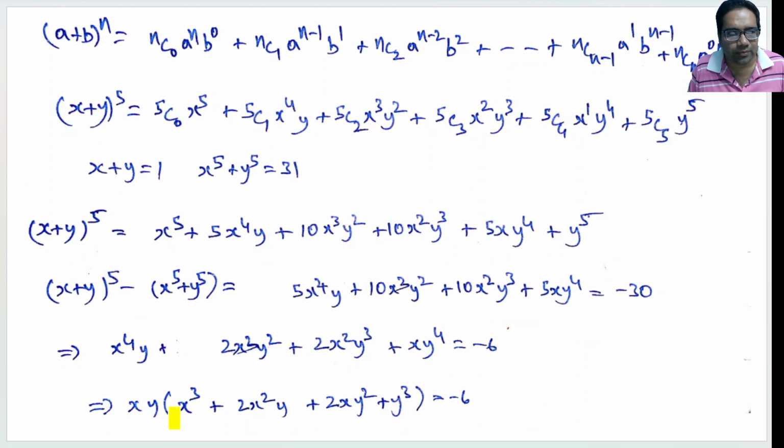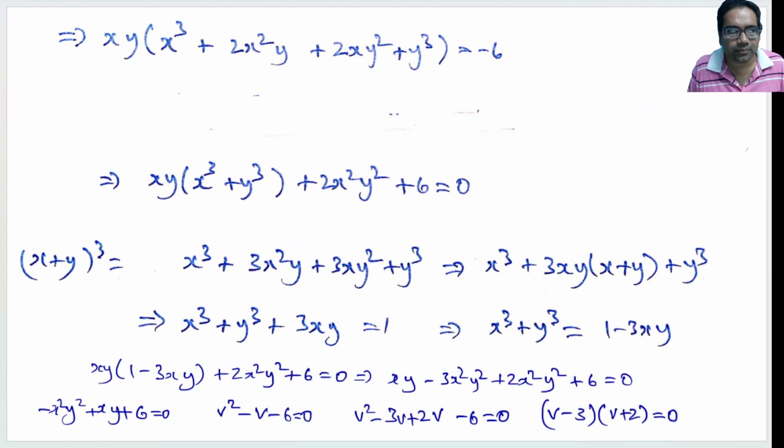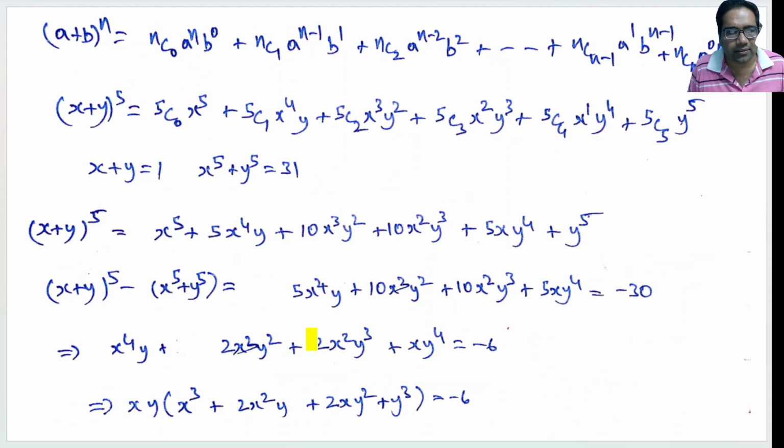So we have xy times x cube plus 2 x square y plus 2 x y square. Let us continue from here. We can take xy common from these middle two terms.